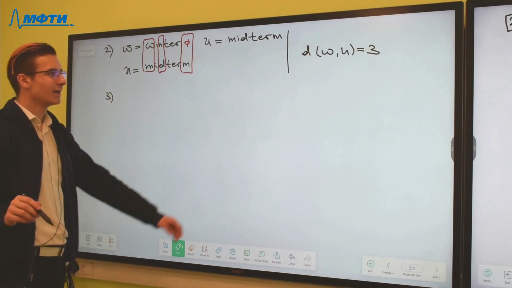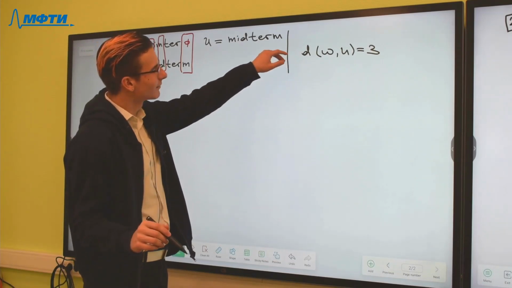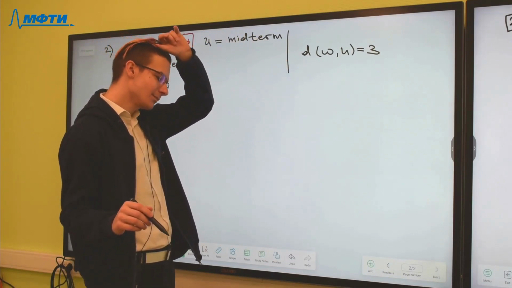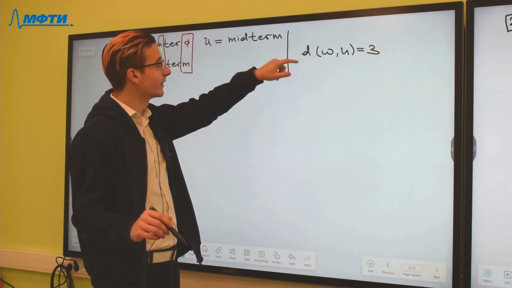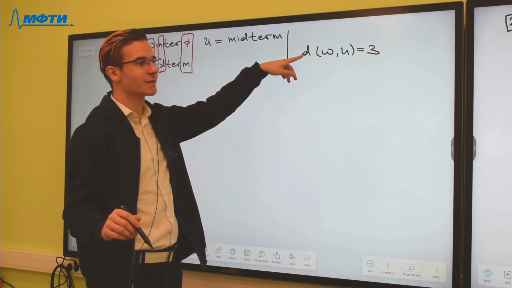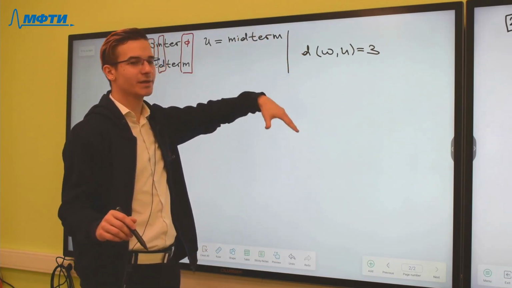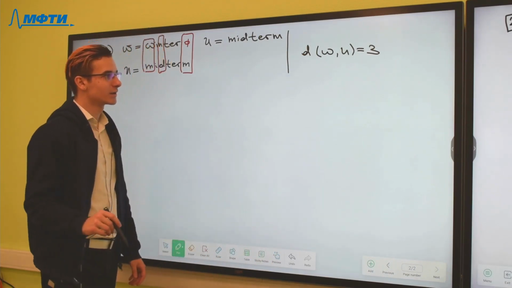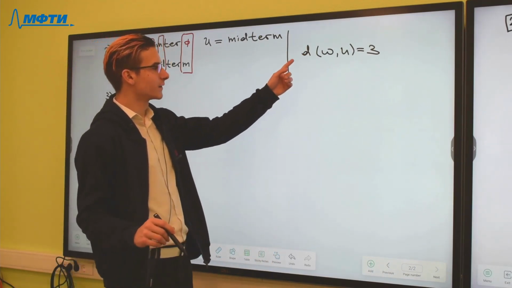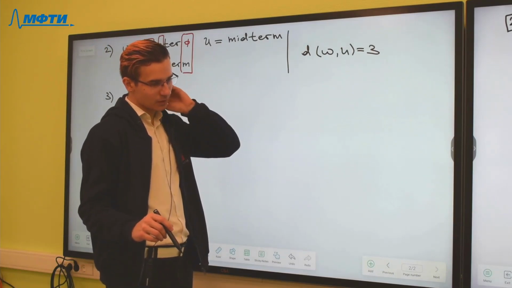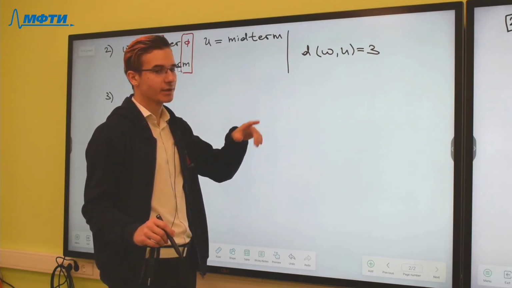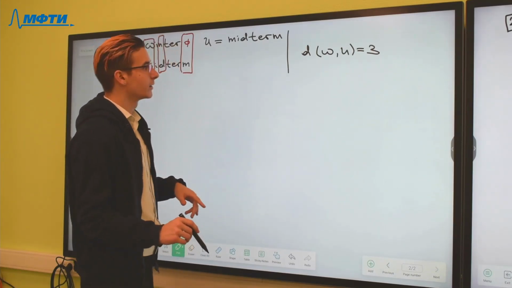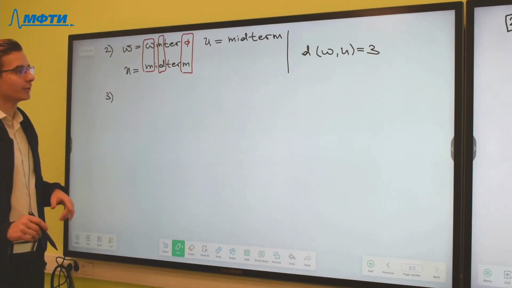Of course, you can prove that this distance makes a metric space with the words, and because of this distance we can write the triangle inequality, and it will be true for this distance too.